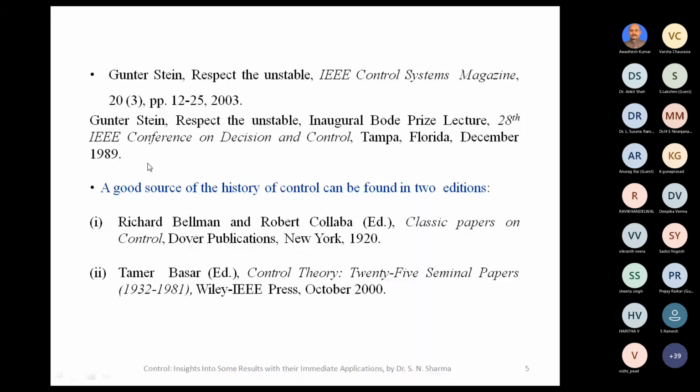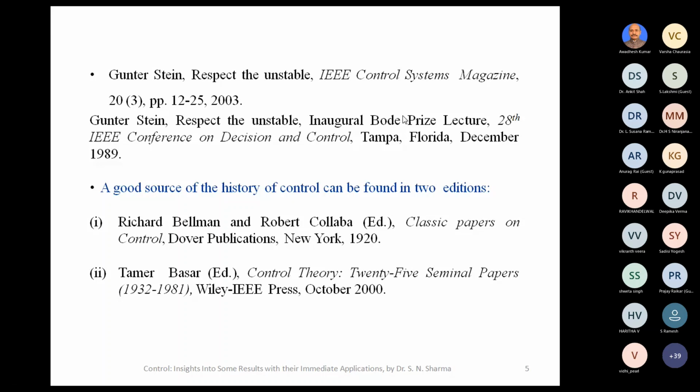So you can see "Respect the Unstable." Just let me explain, this is about the stability of the system, number one. This is about sensitivity analysis, and that is about the robustness of the system. If you have to test the robustness of a system, in simpler language, it means that the system's parameters are changing, but the controller does not change its parameters.